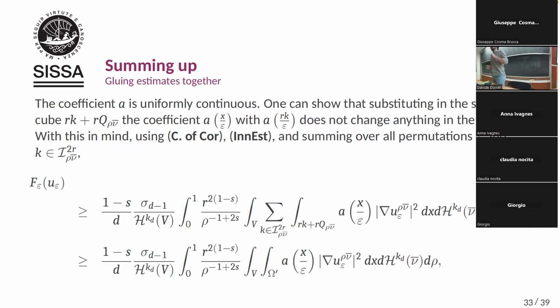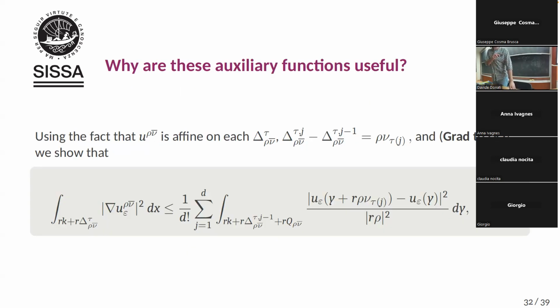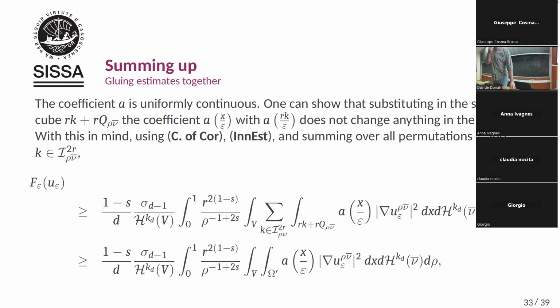Then plugging this inequality back, using it together with the change of coordinates that we've done before, what we recover is this inequality right here. One has to be a bit careful, because we prove this inequality without the coefficient a in front. But then a was chosen to be uniformly continuous, so you can take it outside, inside, without too many difficulties. So we also recover this inequality with the coefficient a inside.